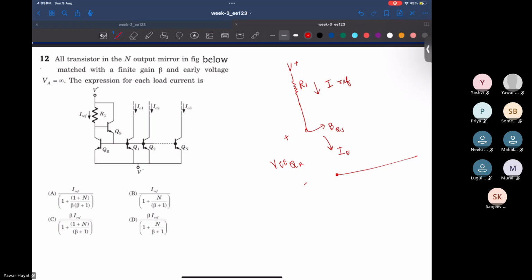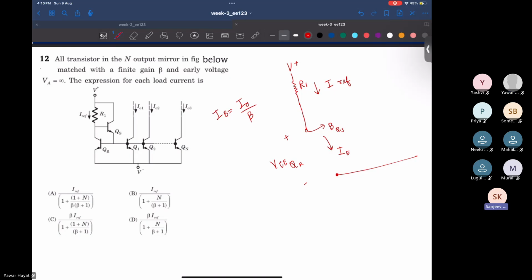And your ICR, the collector current in your reference transistor, would be the same as IC1, IC2, and so on up to ICn, right? And for each of these transistors, your IB would be how much? I naught by beta, right?